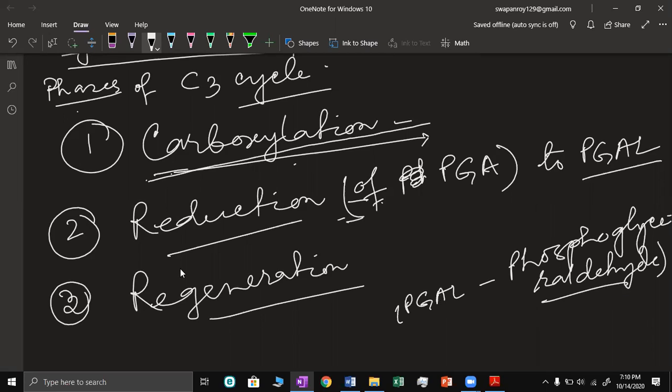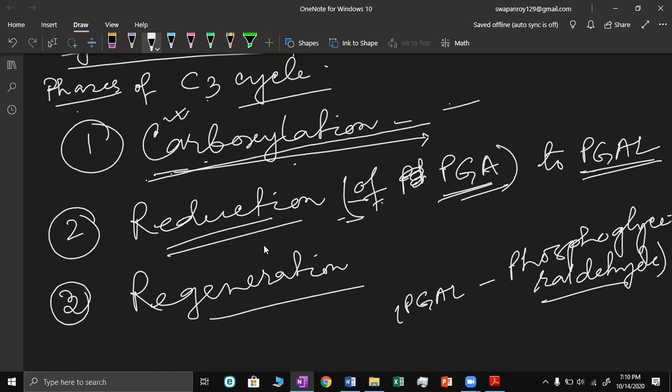So after the absorption of carbon dioxide by carboxylation, PGA is produced, and then PGA, phosphoglyceric acid, is reduced to phosphoglyceraldehyde.